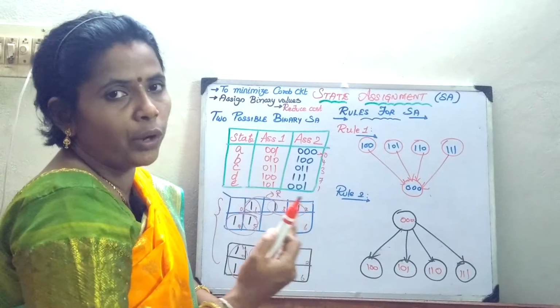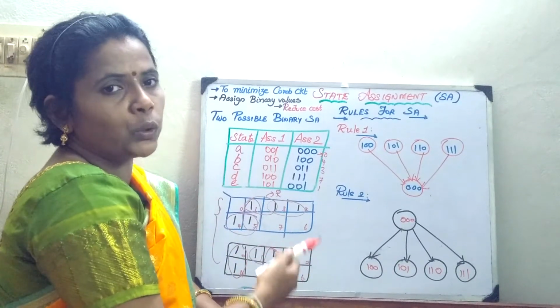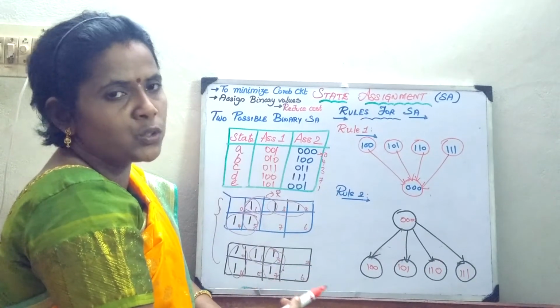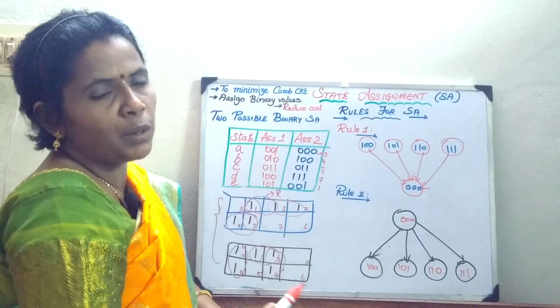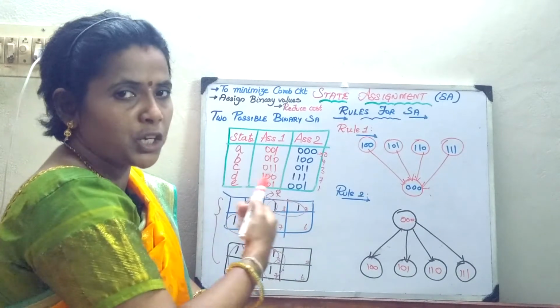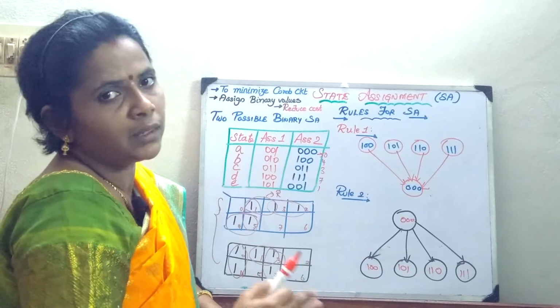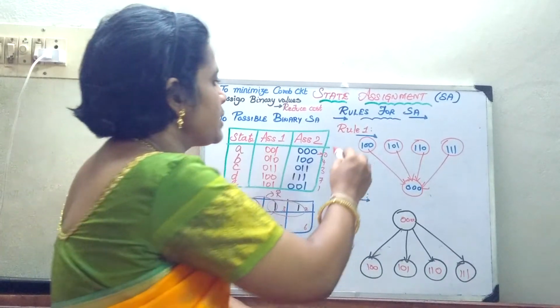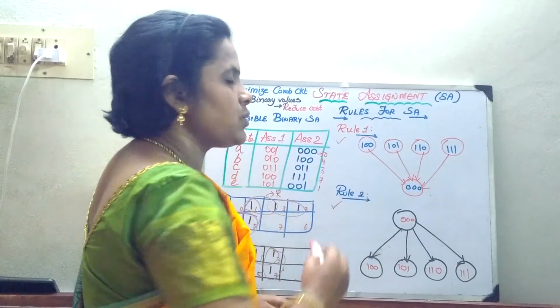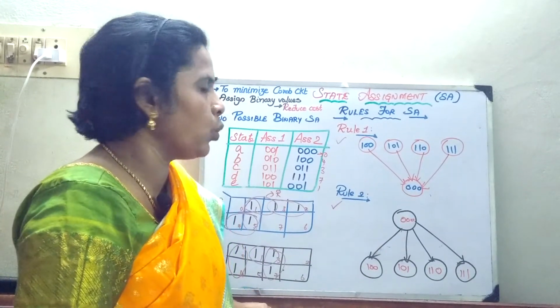So you should go for state assignment rules and adopt them in your problem so that the number of states is reduced, and thereby the number of flip-flops and combinational circuits reduce, saving the cost. Now we will see the 2 rules framed for state assignment. The first one is rule 1.